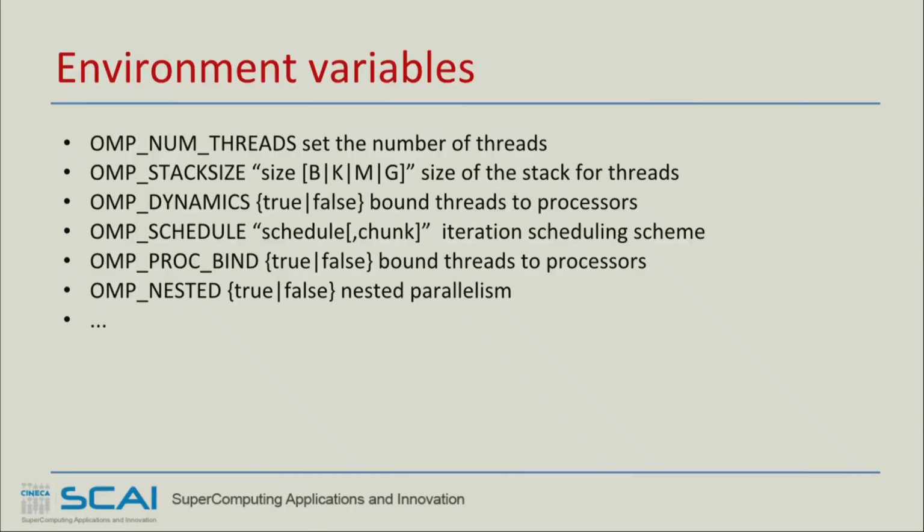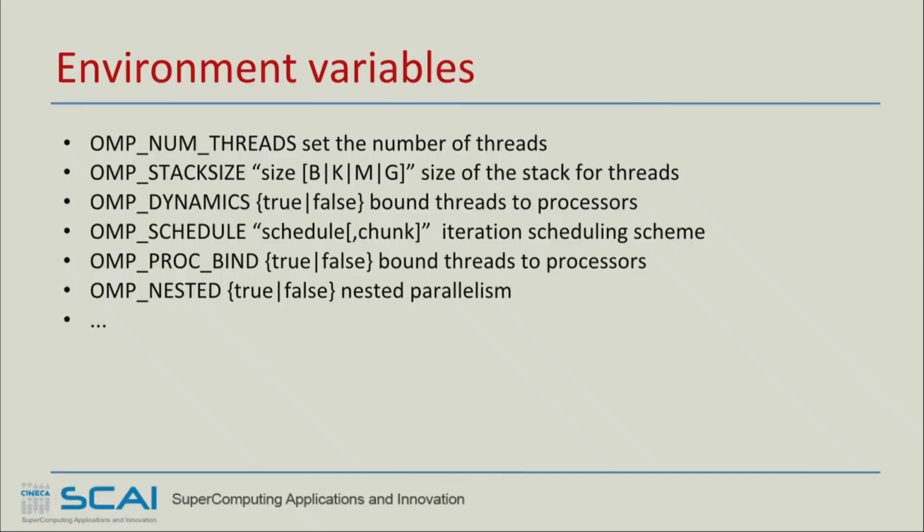Okay. In general, what happens is that you have your code. Sometimes you put directives that say, okay, now you can create the parallel region. But how many threads is specified by an environment variable.